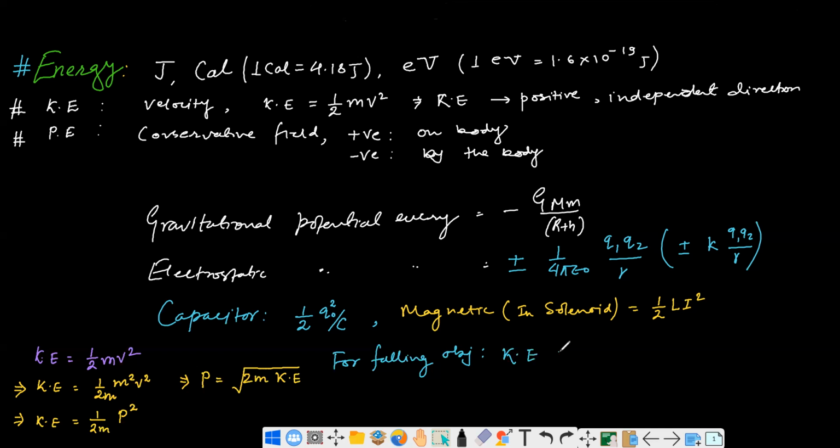That's why kinetic energy will vary as a function of height. Similarly, this same kinetic energy will vary as the square of time, as a function of time. If we just want to express, then kinetic energy will be squared with the time of the flight. So this is the idea.